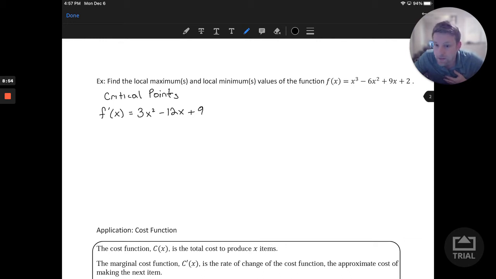We want to take that f prime of x and set it equal to 0, because we want to find where, again, our derivative is equal to 0. Where is that tangent line slope going to be equal to 0? So we want to set our first derivative equal to 0.